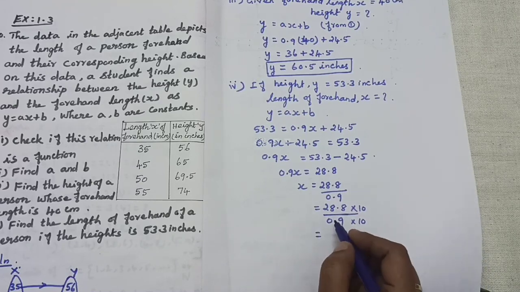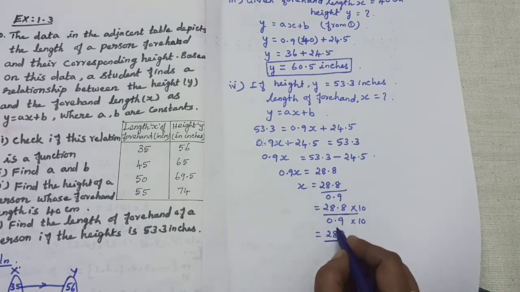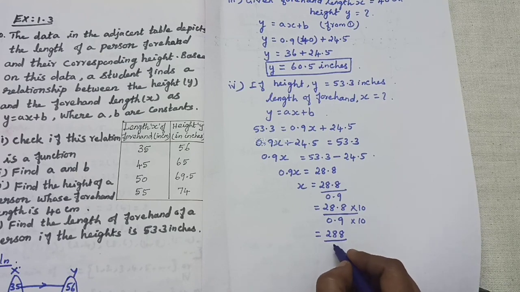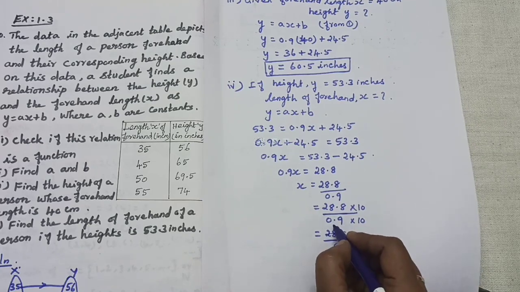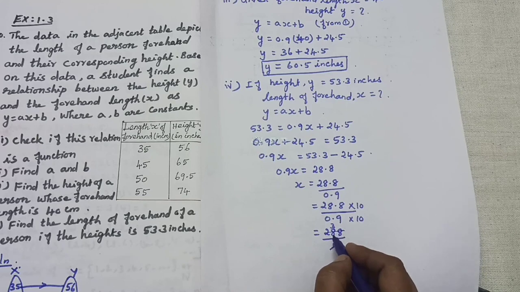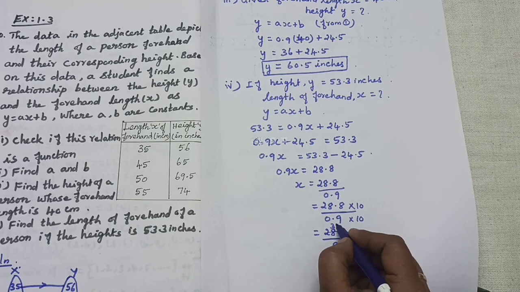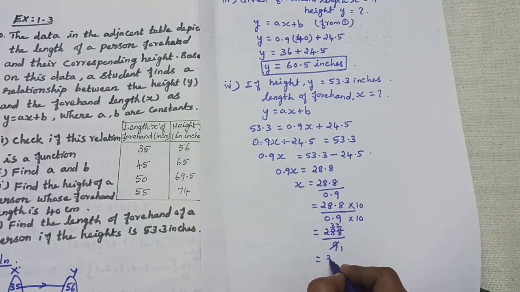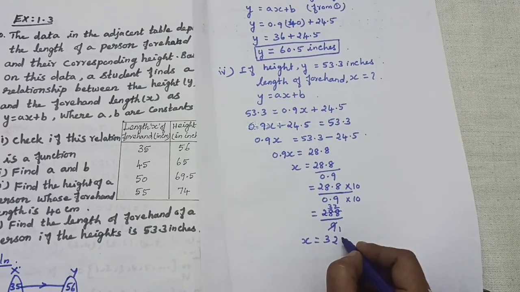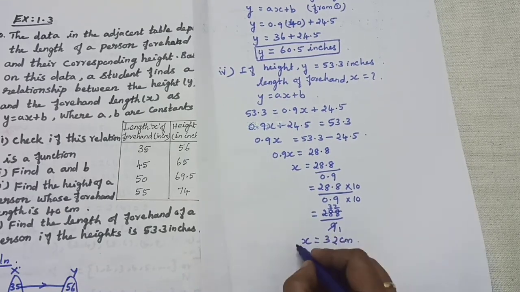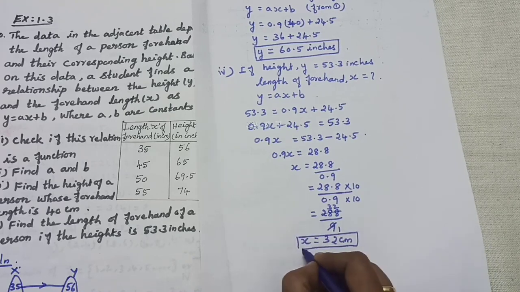Then what will we get? 288 divided by 0.9 into 10, which is 9. Shall we cancel? 1 9 is 9. Cancel. Then 3 times 27, 1 balance 18. 2 nines are 18. Then equal to 32. Therefore x is equal to 32 centimeter.